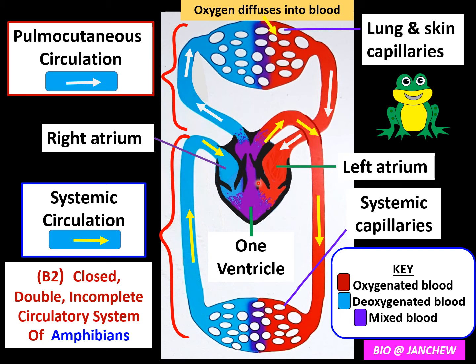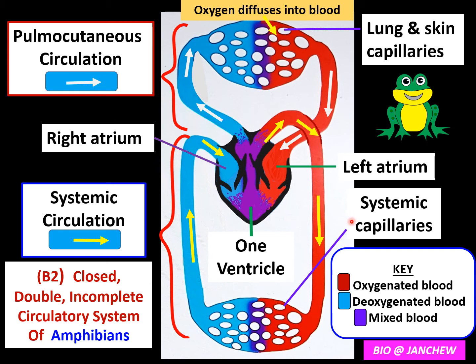So the aim of it is so that oxygenated blood can flow to the body tissues, found among the systemic capillaries, and the oxygen diffuses into the body cells so that the cells can use the oxygen in cellular respiration to produce energy, and carbon dioxide will diffuse out from the cells into the blood here. Then after that the blood flows back to the heart. Now that's the systemic circulation.